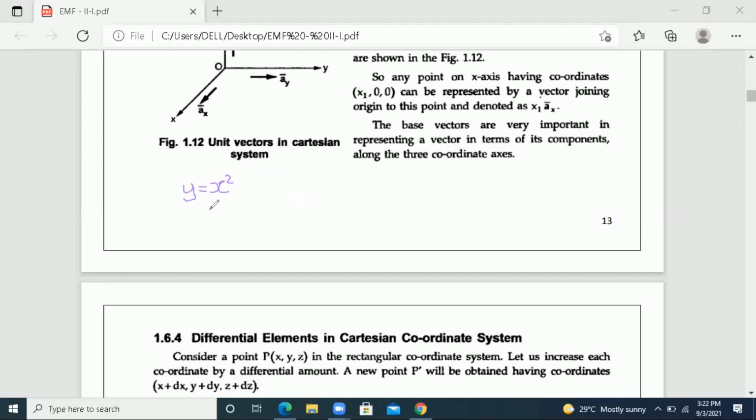So on that graph, let me change x on the graph by a small amount. Go from one point to the next.